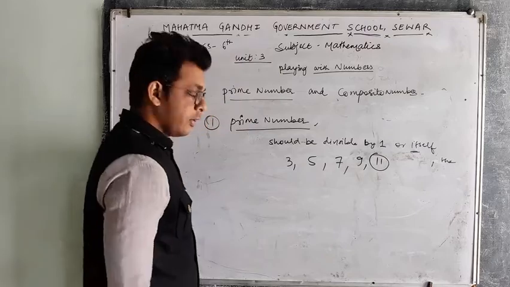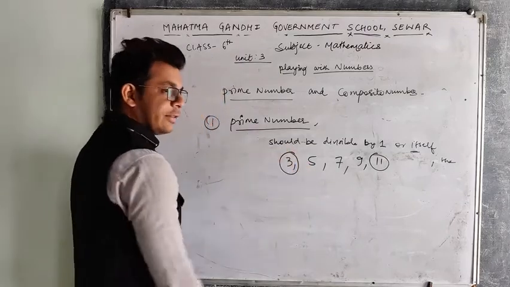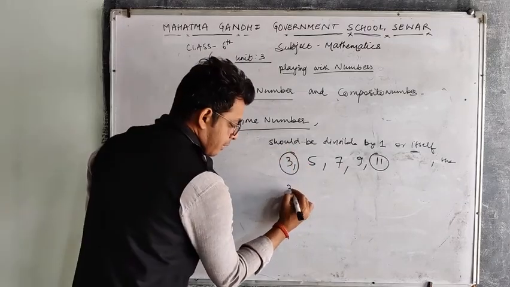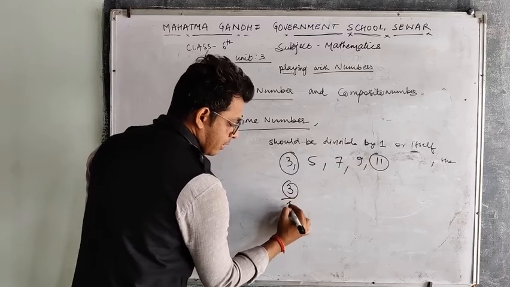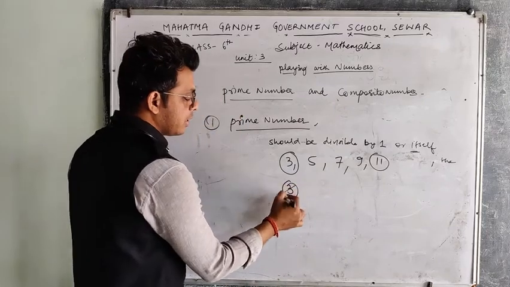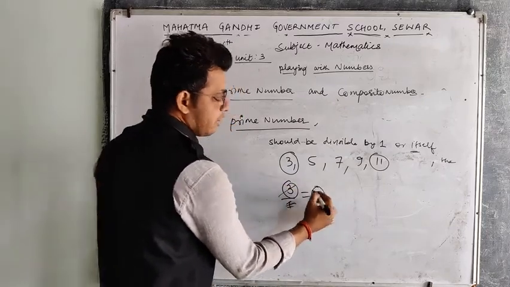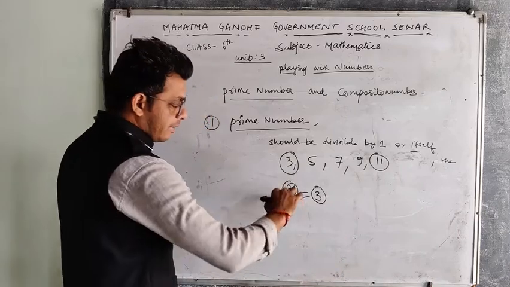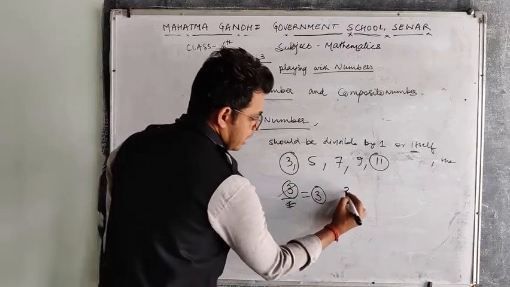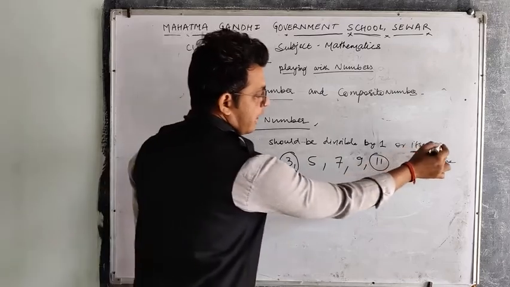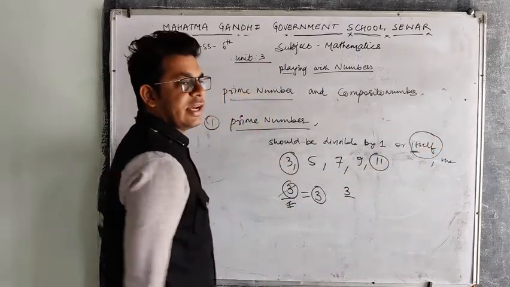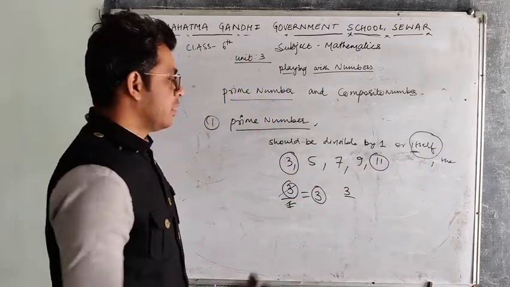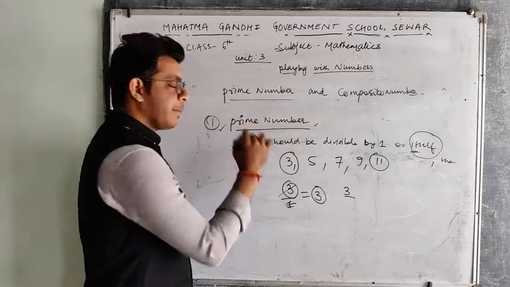How? If I divide 3 by 1, it will be completely divisible and 3 will be the quotient. If I divide 3 by the same number, it should be divisible by either itself or by 1. Only such numbers are called prime numbers.